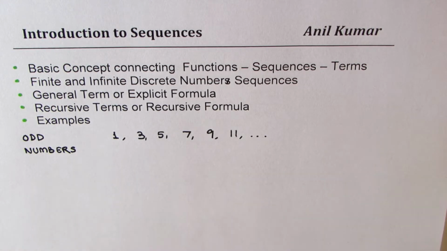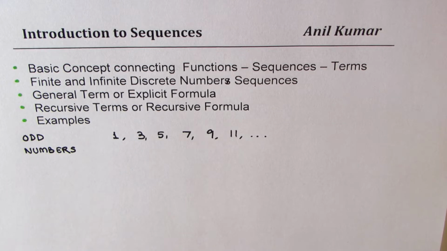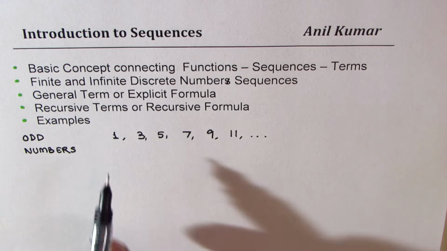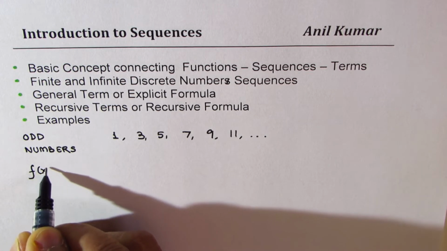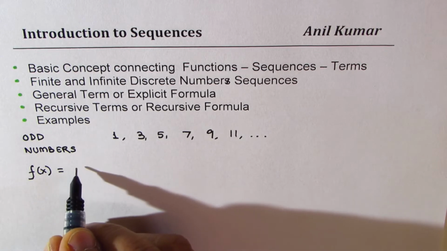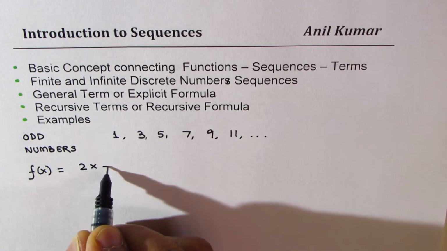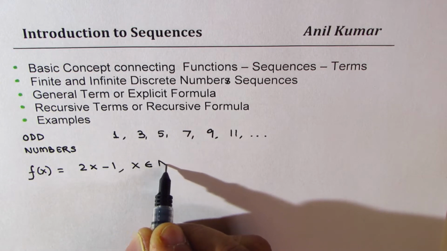They have a pattern. You could describe these numbers in many different ways. We could write this as a function. We can say the function f of x representing these numbers could be 2x minus 1, where x belongs to natural numbers, right?